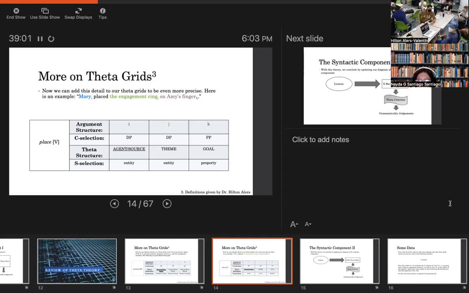Go is a little tricky. It has an internal argument, but it's actually realized as a subject. Where it goes, with the father is an adjunct. Grammar doesn't care about adjuncts. Adjuncts are freely attached.